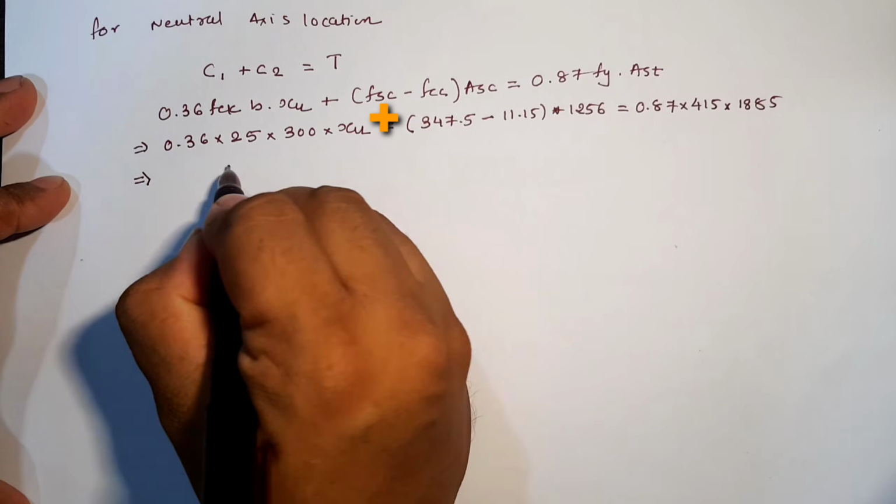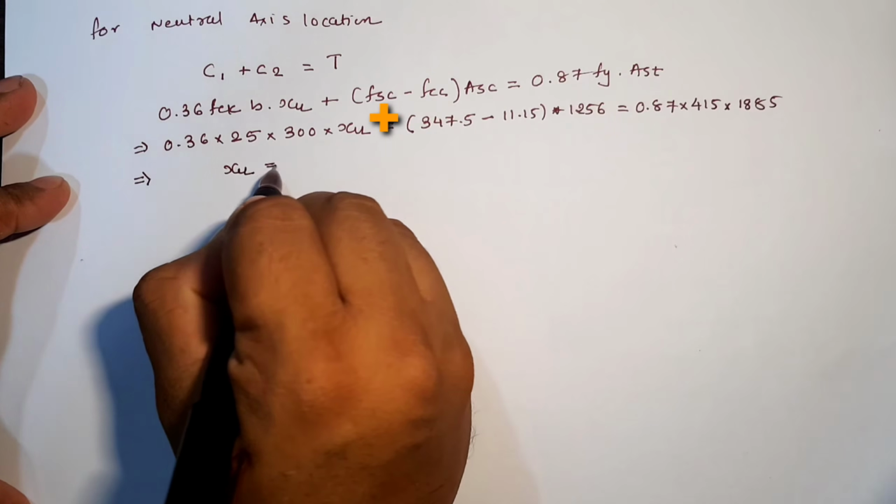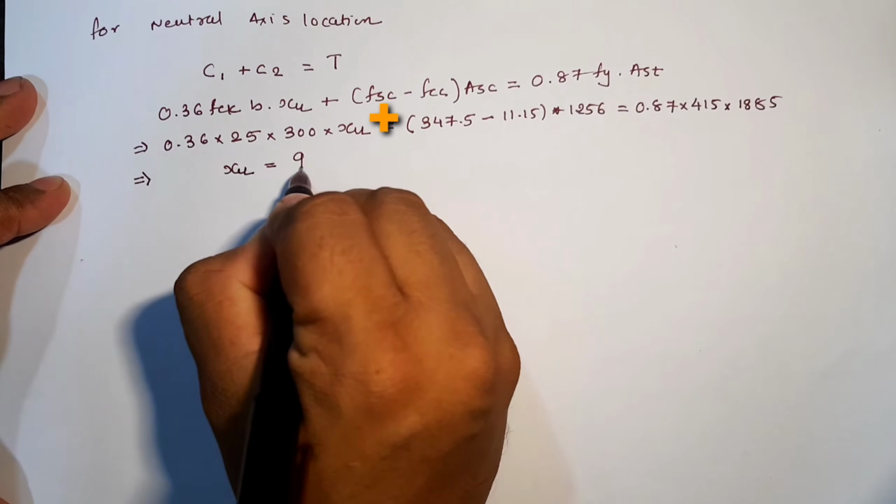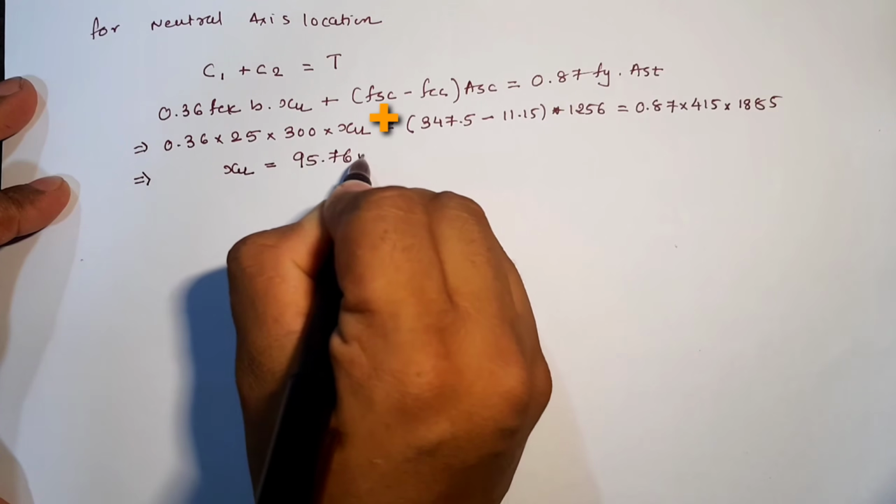Now solving this equation, we have the neutral axis depth Xu as 95.76 mm.